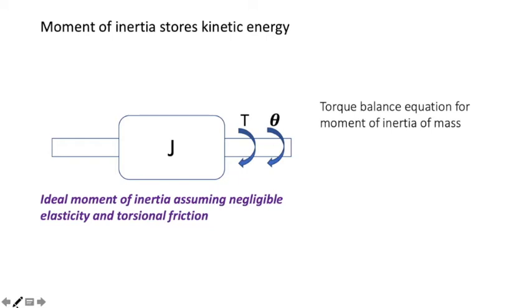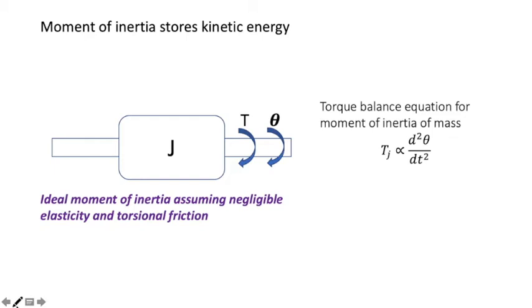Let us look at the torque balance equations for the moment of inertia. The opposing torque Tj, the opposing torque due to moment of inertia, is proportional to the angular acceleration d square theta by dt square. We get this equation by comparing with the previous translation mechanical system, where force is proportional to acceleration.